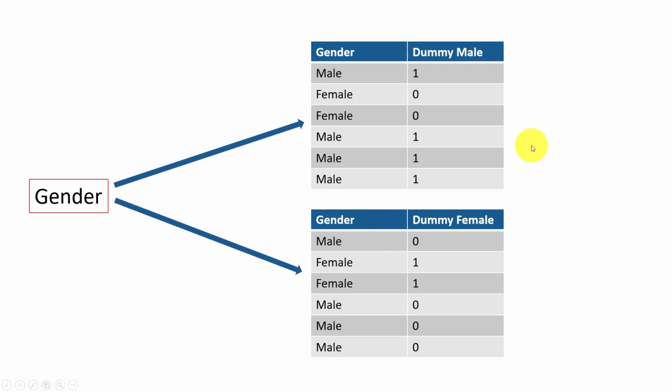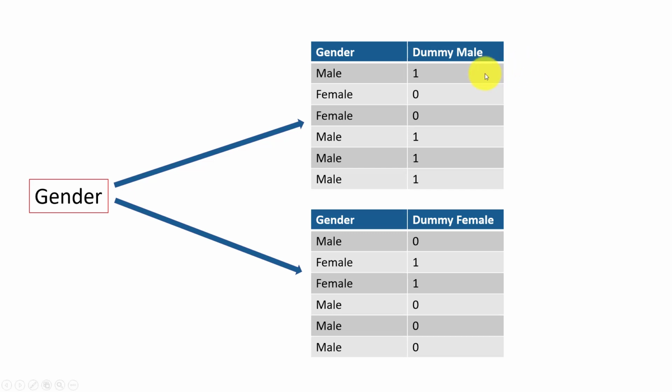The other question might be: why not have a single variable for each category? In this case we have two categories, so why not have two variables? The issue with two variables is that it generates a problem called the dummy trap, and we will come back to that issue later in this video.